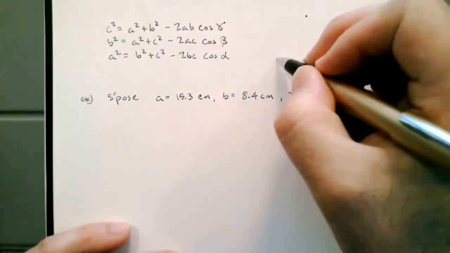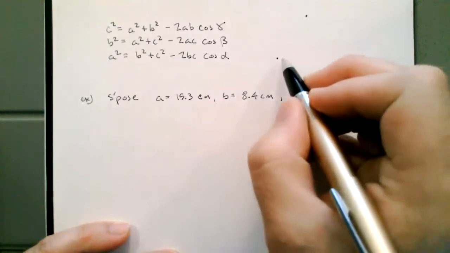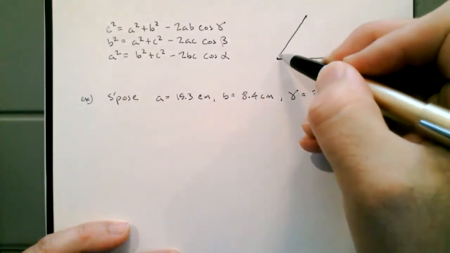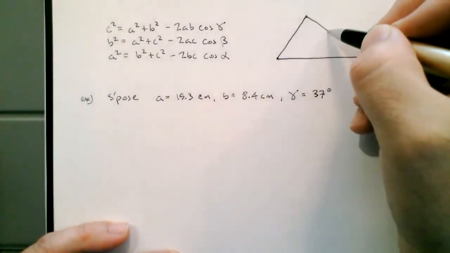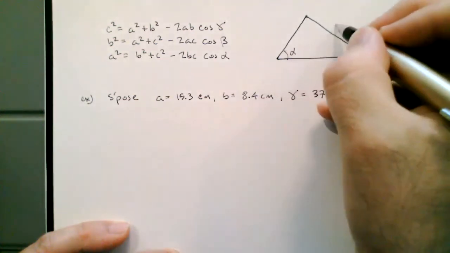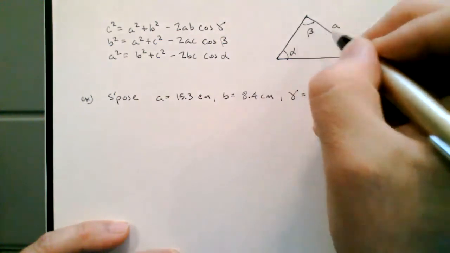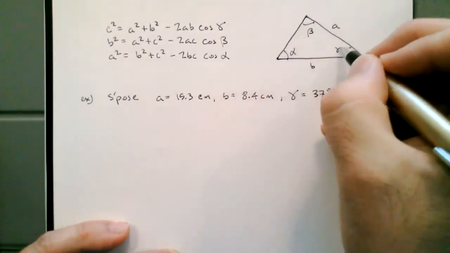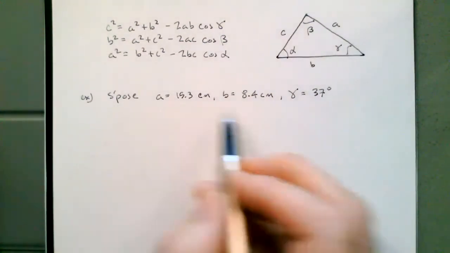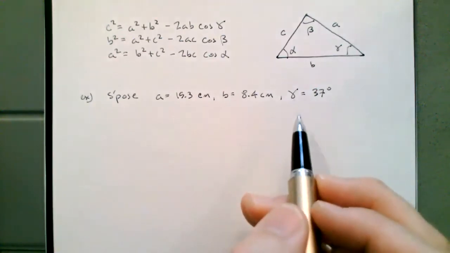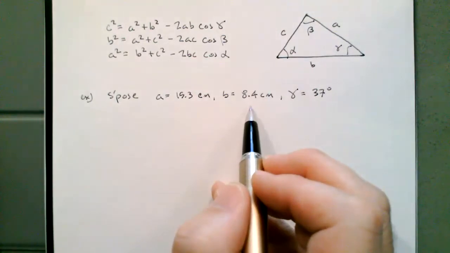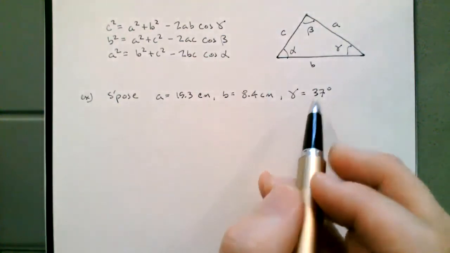Let's draw our triangle over here again, where we have angle alpha, opposite side A, angle beta, opposite side B, and angle gamma, opposite side C. So what we have in this scenario is A, B, and gamma. Side A, side B, and gamma. We have two sides and the angle included in those sides.